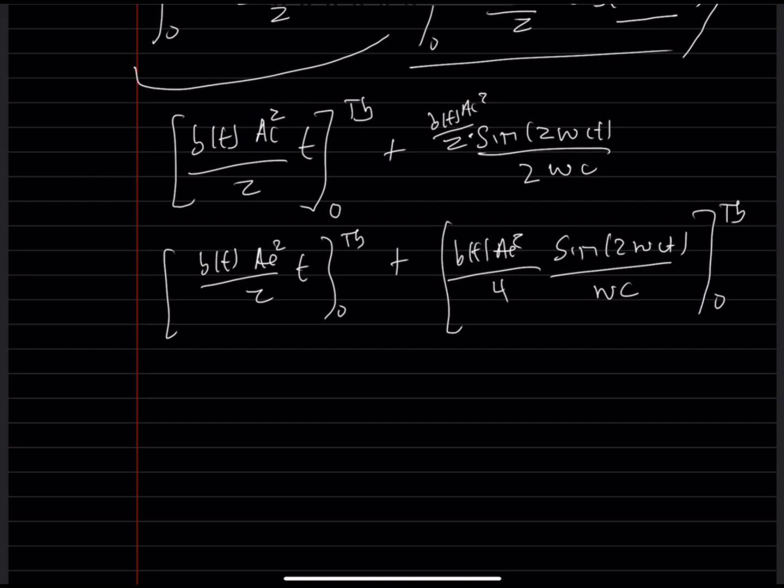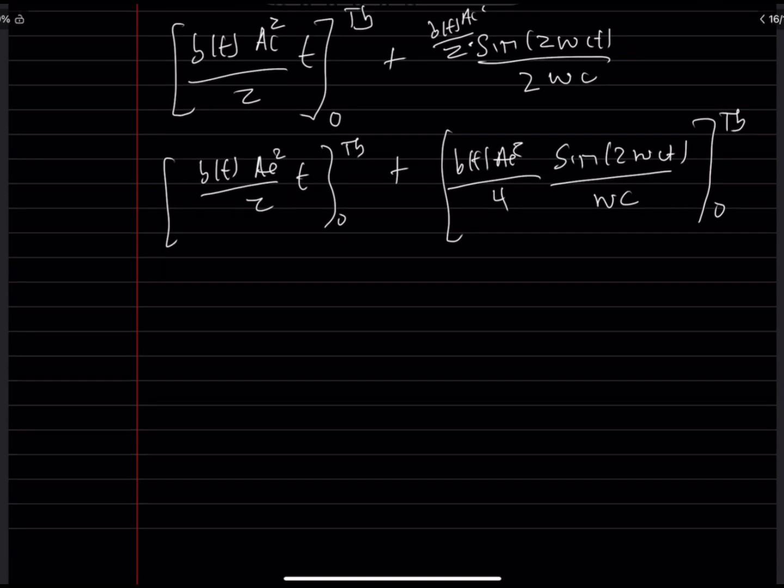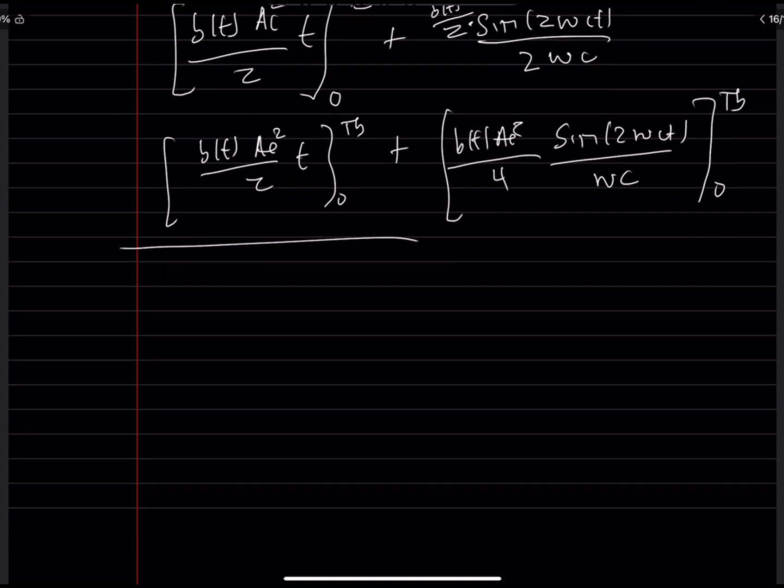Based on this, let's do some small analysis. When we do the simplification, the zero part for this aspect is going to be 0, and therefore we get B of t A_c squared over 2 and then T_b.